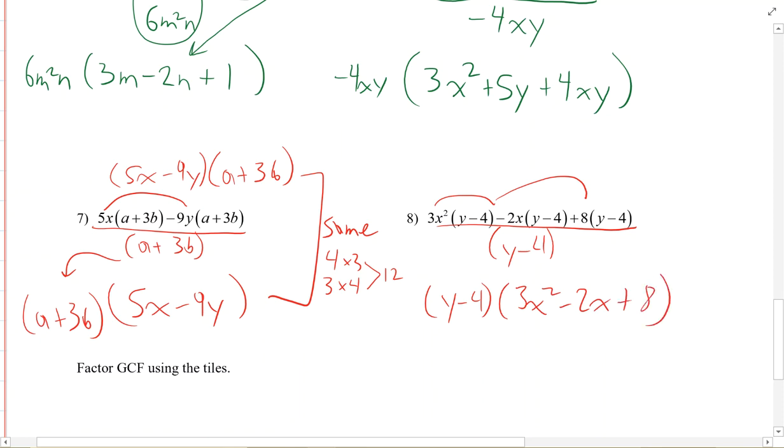Sometimes people like to write it the other way. Your choice on whether it goes at the front or the back. So this is exactly the same as bracket 3x squared minus 2x plus y times y minus 4. Exactly the same.